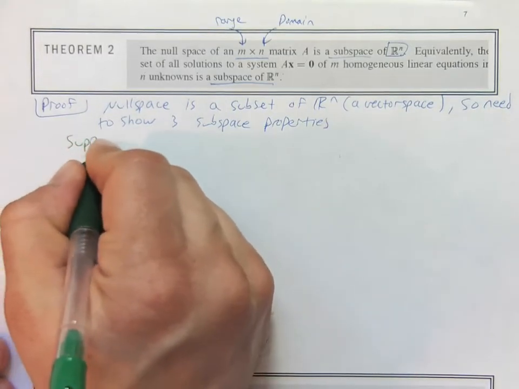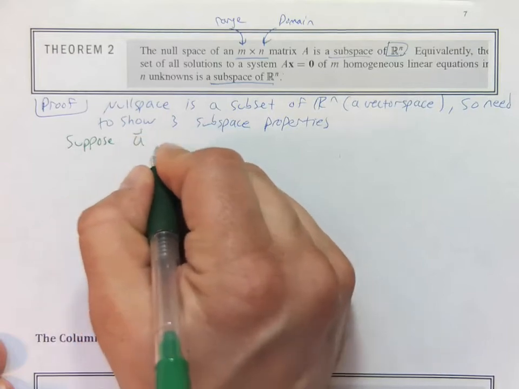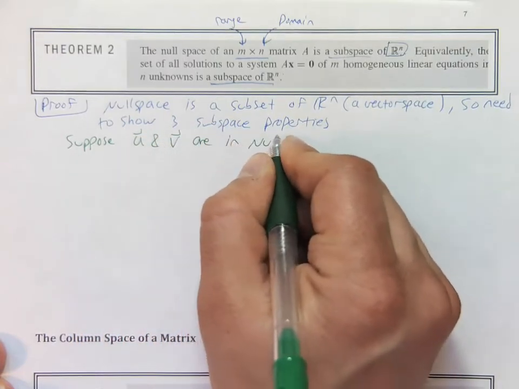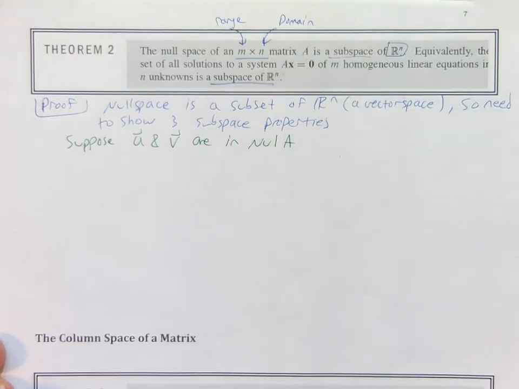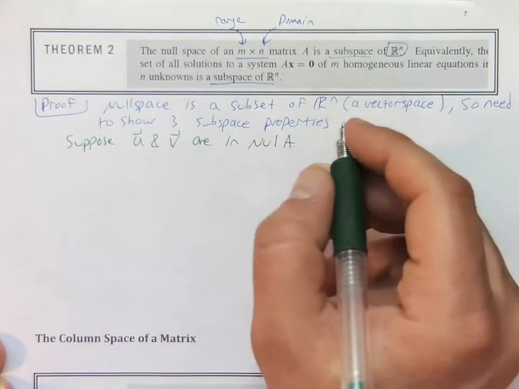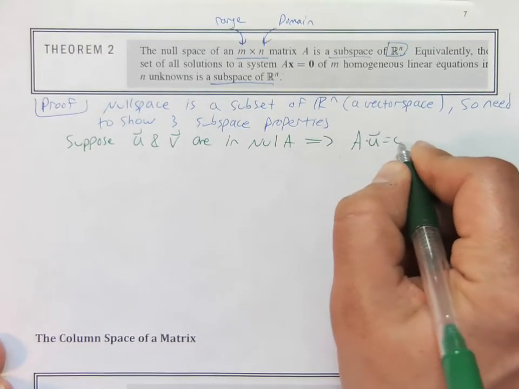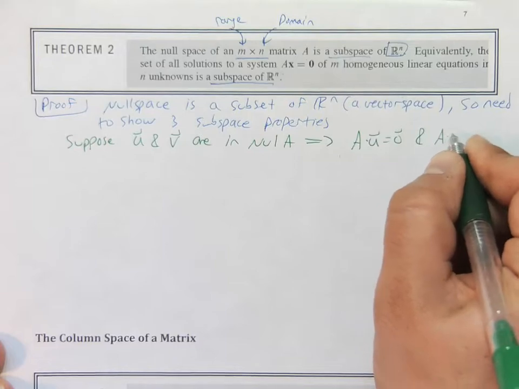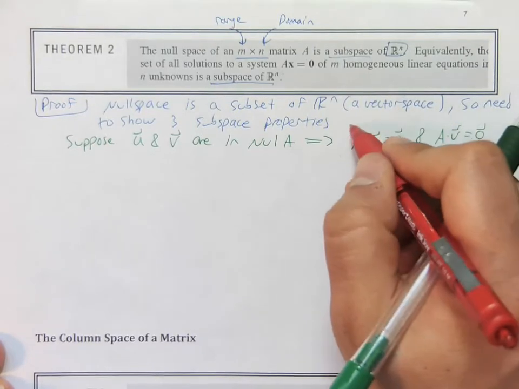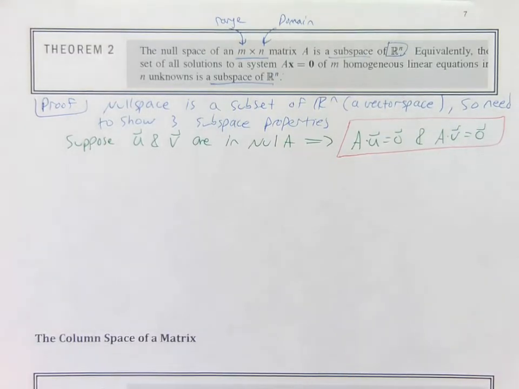Our space is the null space, so suppose vectors u and v are in the null space of A. By definition, if they're in the null space, they get sent to the 0 vector. This means that A times u equals 0, and A times v equals 0. This is an important relationship that we're going to use throughout the three properties.